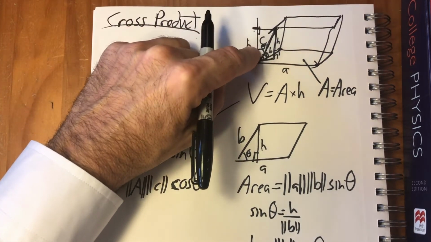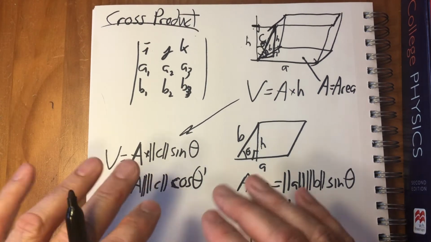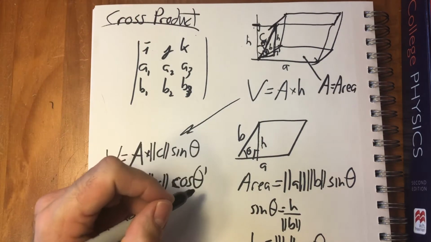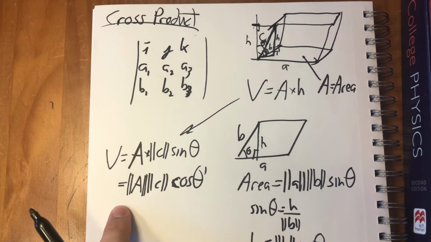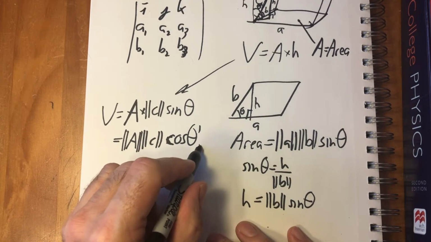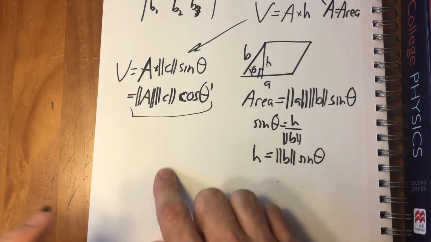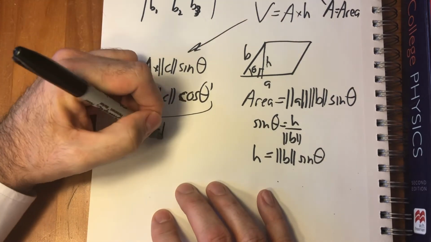Okay, this is exactly what we did with the determinant, where you take the perpendicular of the base and multiply that by the cosine, and then that looks just like the dot product, right?